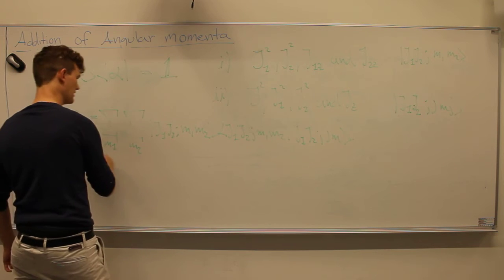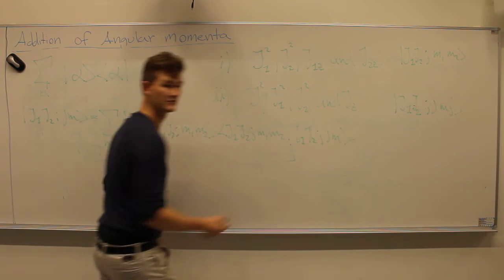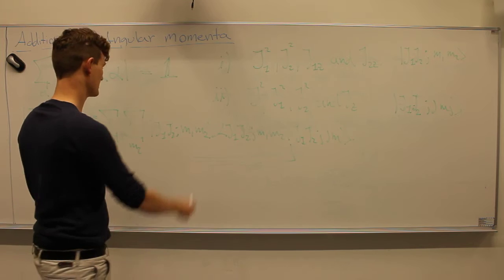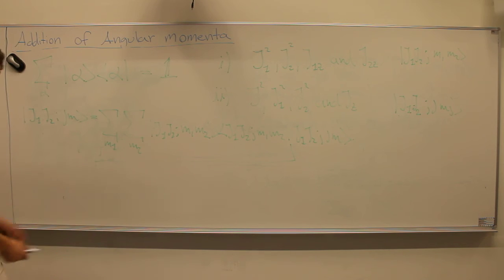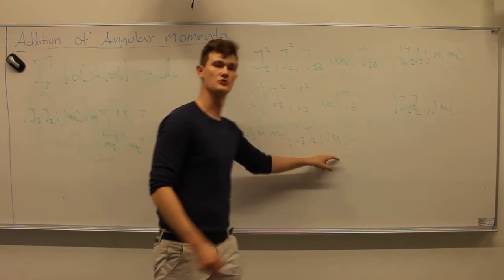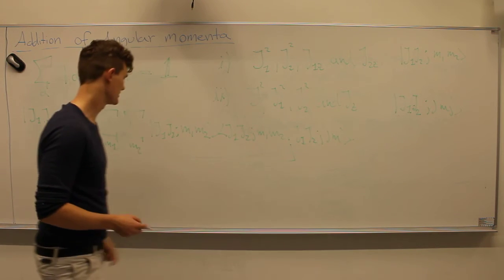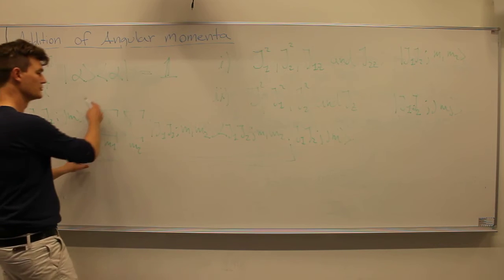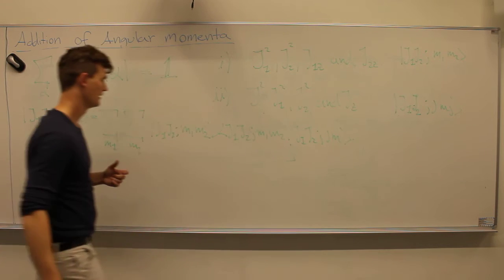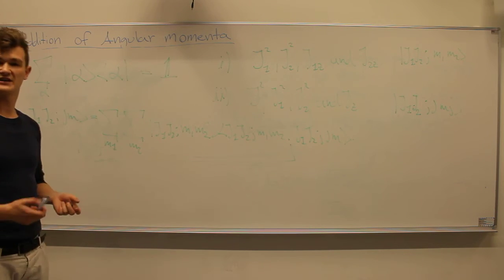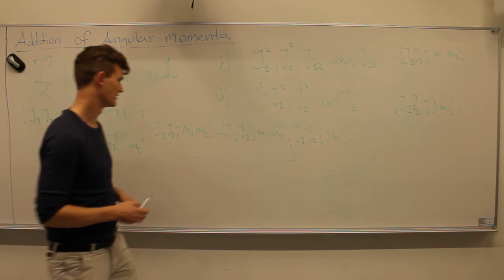So if you look here, we have the identity, so this is just the one. So actually what we have written here is that |J1, J2, J, M> equals |J1, J2, J, M>. That is fairly reasonable.